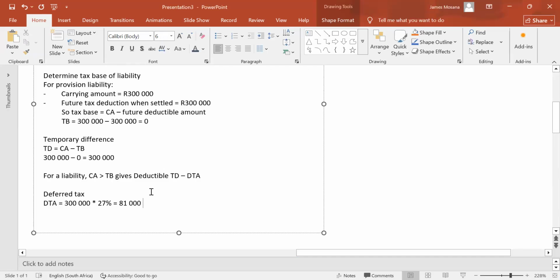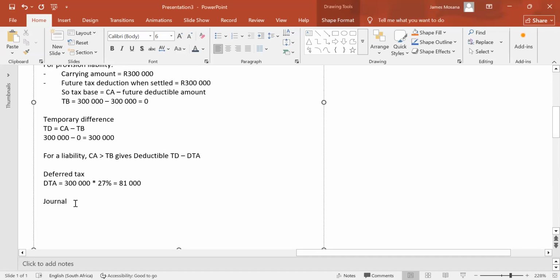Remember, our main objective is to perform a journal, right? So this is an asset. Asset increases on the debit side. So we are going to debit deferred tax asset at 81,000. And then we are going to credit what? Our income tax expense at 81,000.